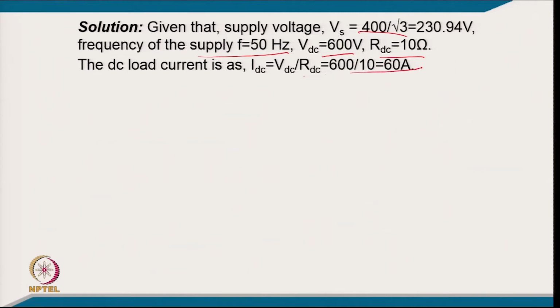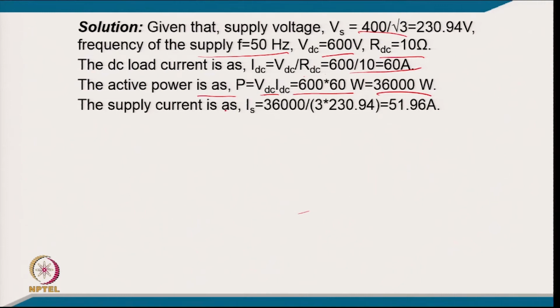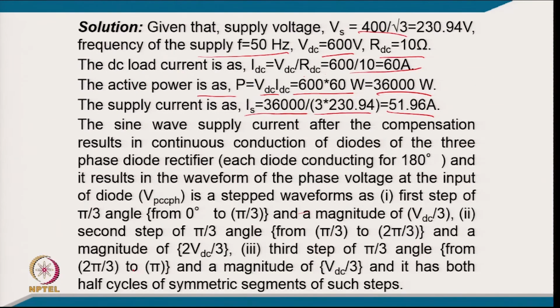So, it comes 600 volt by 10 ohm, so it comes 60 ampere, and the active power which the load is drawing, P equal to VDC into IDC, is 600 into 60. So, that comes 36,000 watt or 36 kilowatt. Now, we can calculate the supply current, which is the series active filter current also. I is equal to 36,000 divided by 3 into 230.94. So, it comes like 51.96 ampere.